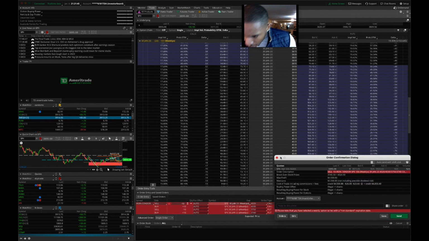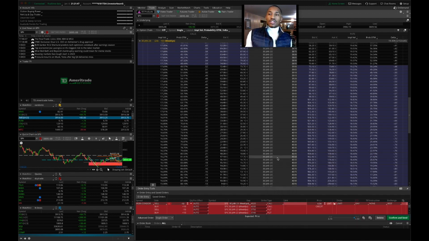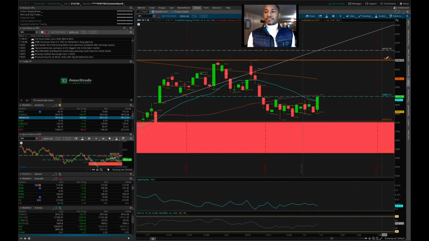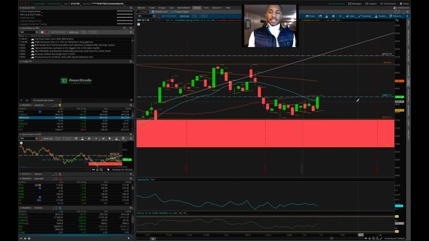So that is how you construct the Iron Condor. I honestly wish I would have traded that instead, but in certain environments, like I said, you want to be able to look and discern whether or not it is the proper time to construct the Iron Condor. Like I said, always go in with that initial bias that you think a market is going to go in whatever direction.